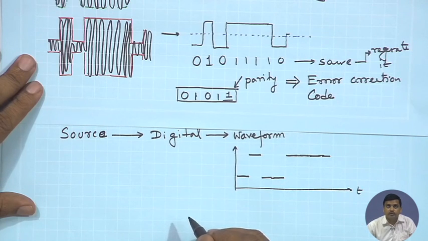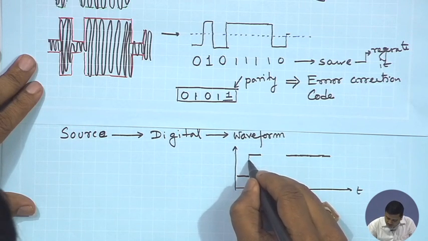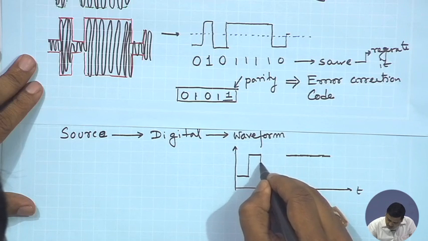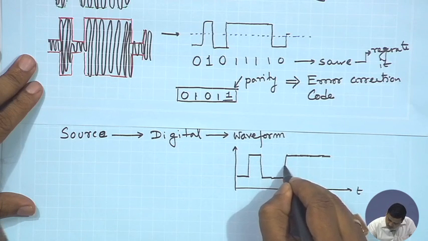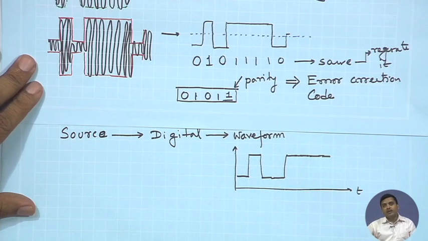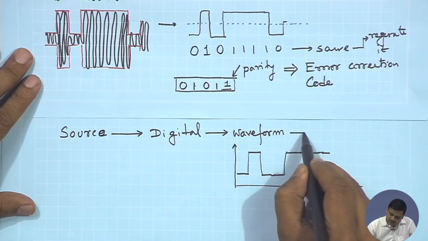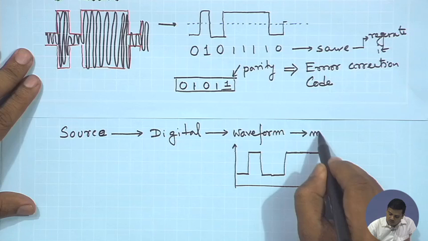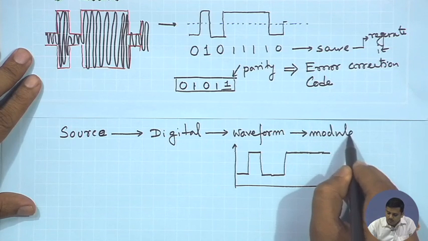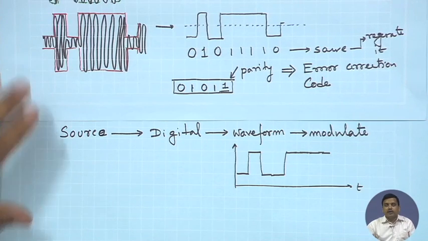Now, if I'm going to use real systems, we're going to have certain transitions and there will be a certain amount of slope. So, making these idealistic assumptions that, well, this is digital, we have some waveform. Now, this is finally used to modulate your carrier as you typically do in an analog communication system.